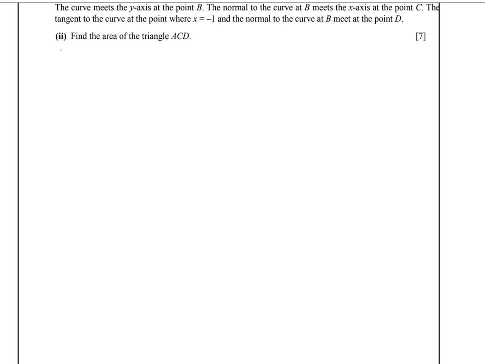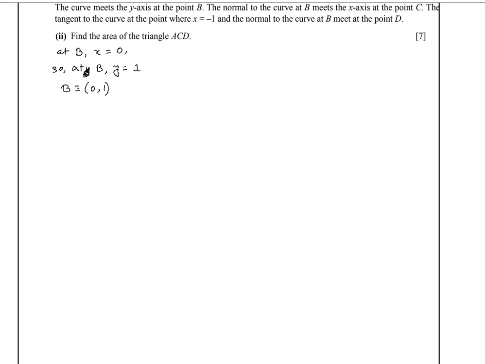So let's try to find the coordinate of B first, and then the equation of the normal at B. So at B, x equals 0, because it is on the y-axis. So at B, y equals, putting x equals 0 in the original equation, we get y equals 1. So the coordinate of B is (0, 1).